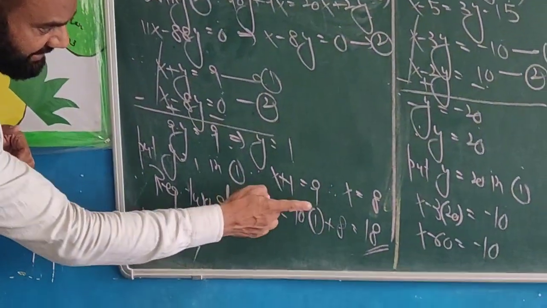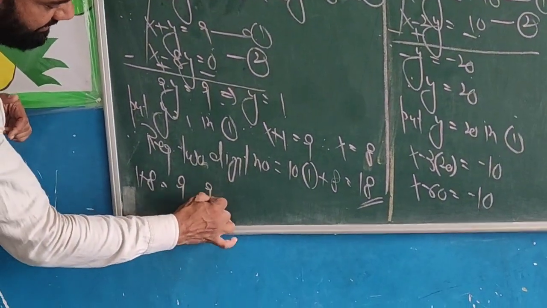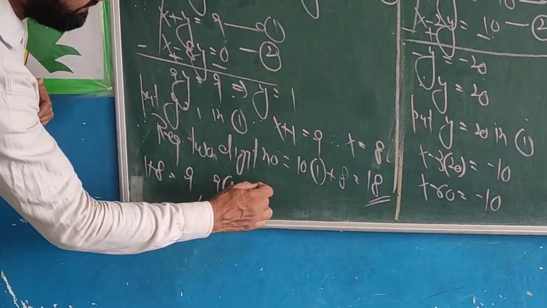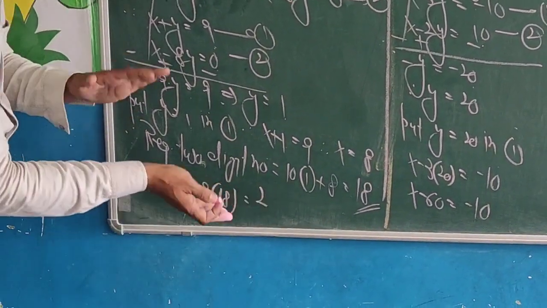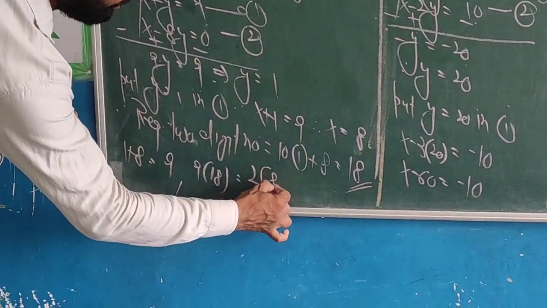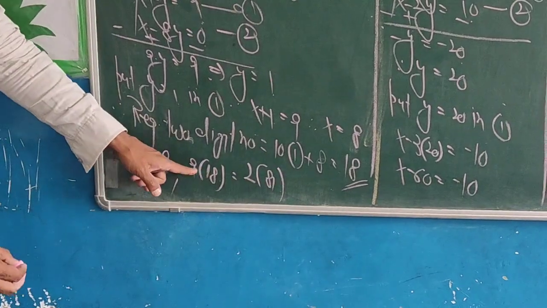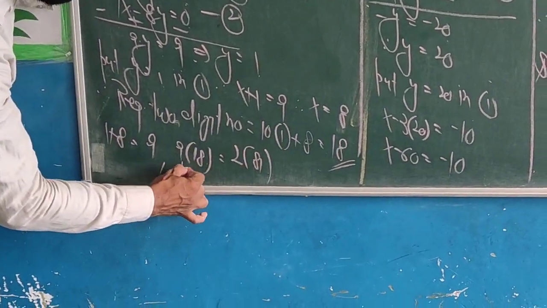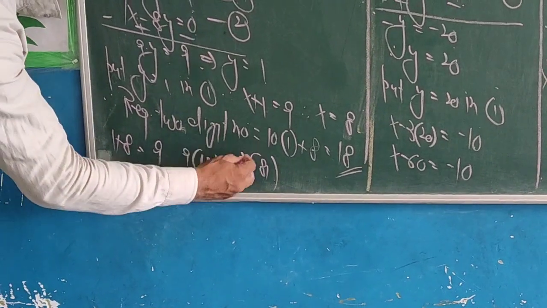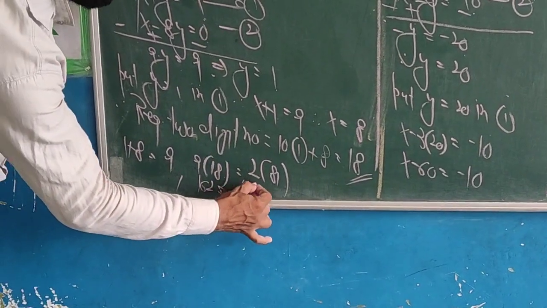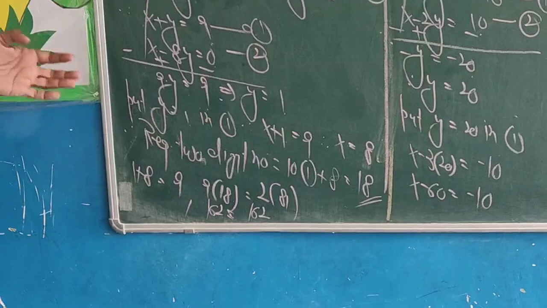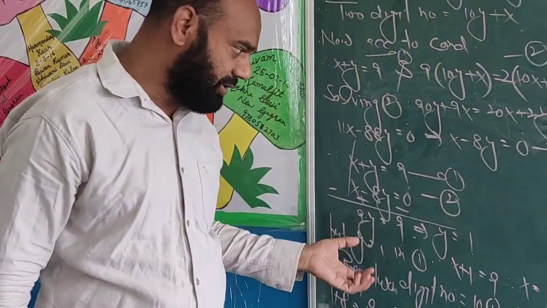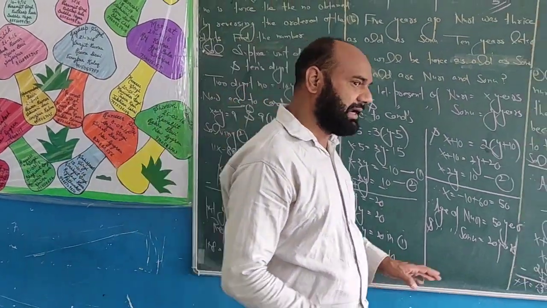So secondly we check 9 times this number. 9 multiplied by 18 gives 162. And when we multiply 2 by 81, this is also 162. So by verification we checked this is the right answer.